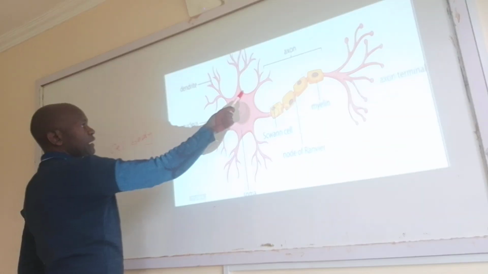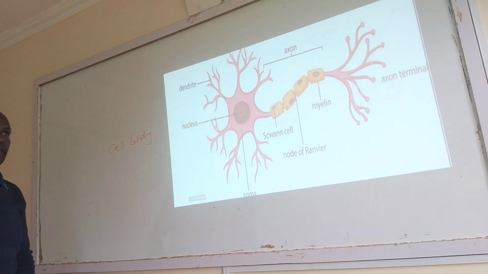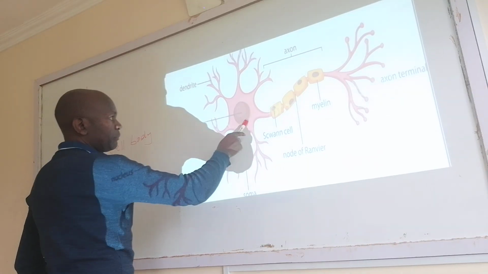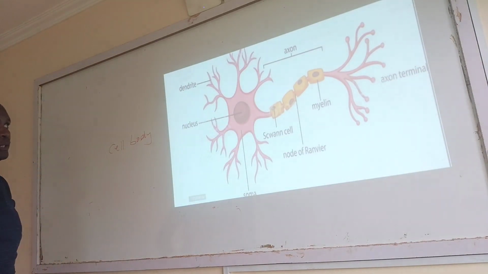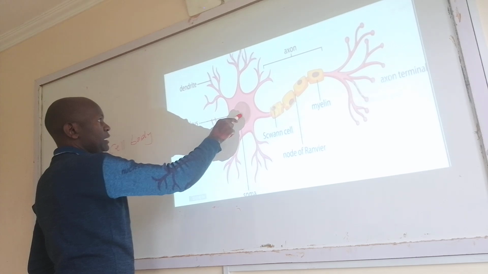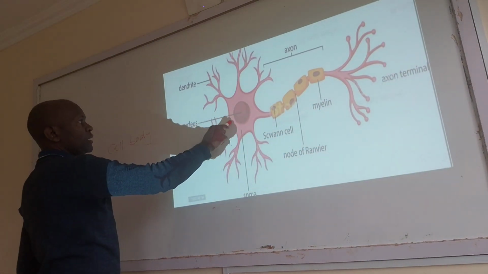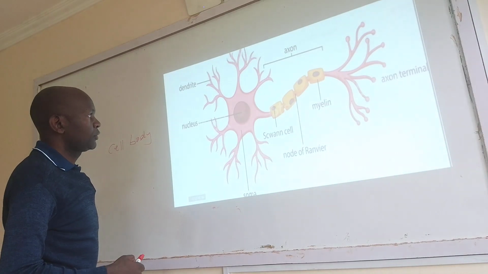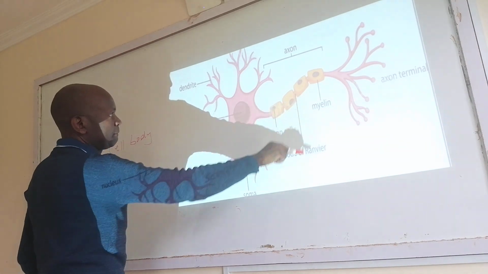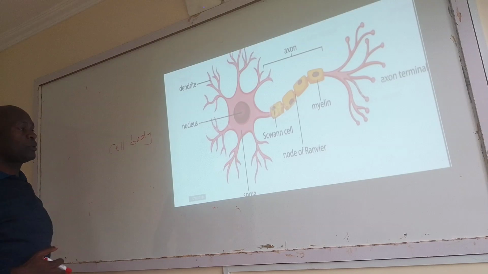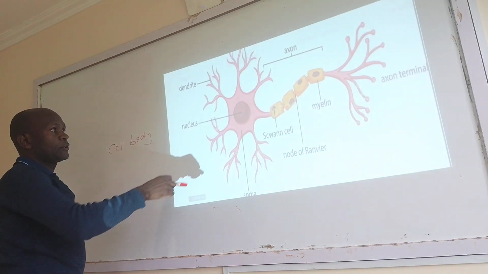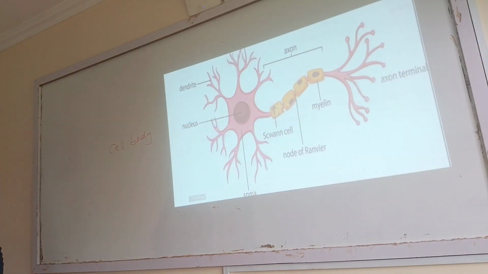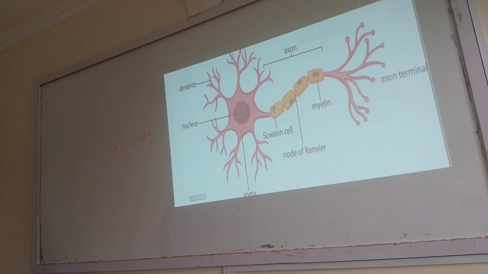That information will be summed up in the cell body. Once it reaches a threshold, then it can be propagated towards the central nervous system. The information that is summed after collection is what we call graded potential. The graded potential cannot be propagated until it reaches a threshold. That is when it becomes an action potential and it's taken towards the central nervous system. So that is how this neuron works.